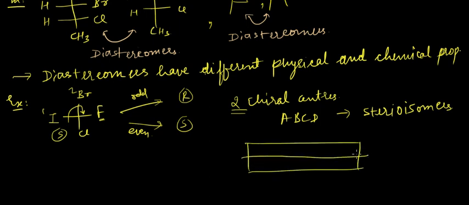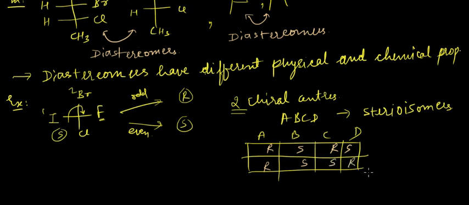We have A, B, C, D. So A can be R, B can be S, similarly C can be R, D can be S; A can be R, B can be S, C can be S, and D can be R.